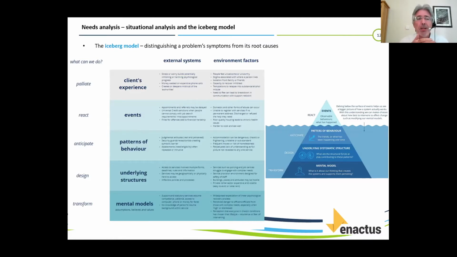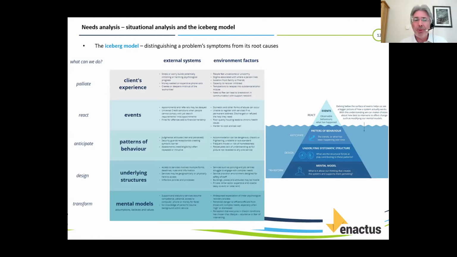We might then delve down into what are the events that sat around that situation and caused it. And we might react to those and think how the family reacts to them and deal with them. We might go down further to think what are the underlying patterns of behaviour that make those events happen. And maybe we could anticipate those and head some of them off or change some of the behaviours.